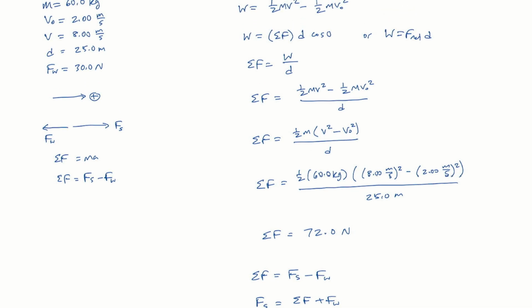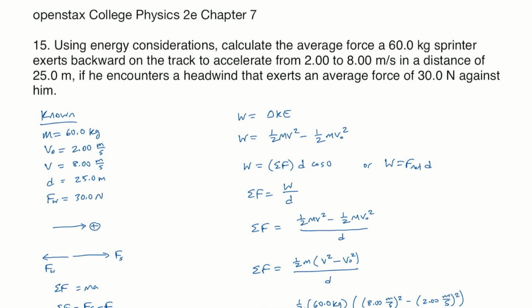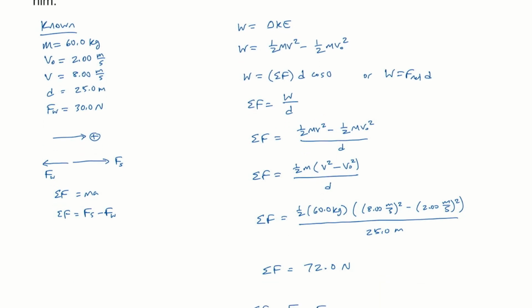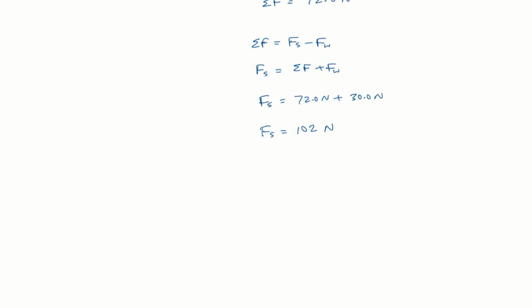And now we are looking to calculate the average force a sprinter exerts backward. Okay, so the direction is backward. So we found the force on the sprinter due to the track. We need the force by the sprinter on the track. It will have the same magnitude, so it will also be the 102.